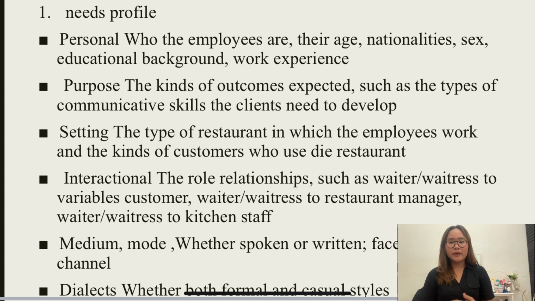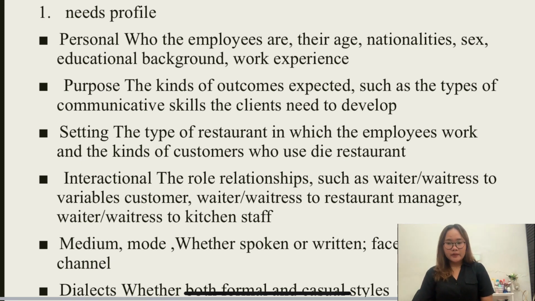Number five, medium and mode, whether spoken or written, face to face, and the channel. Number six, dialect, whether both formal and casual style. Number seven, target level, whether basic, intermediate, or advanced.